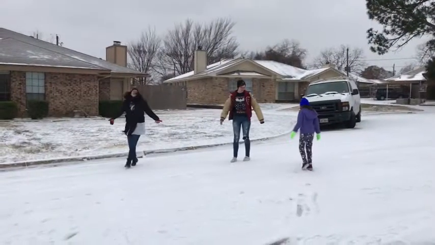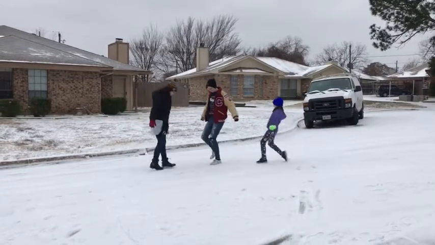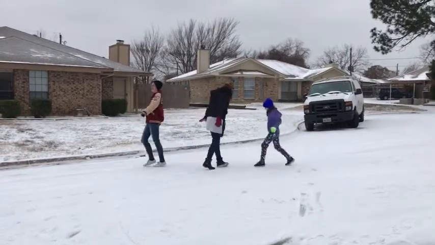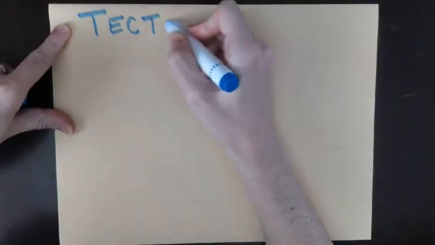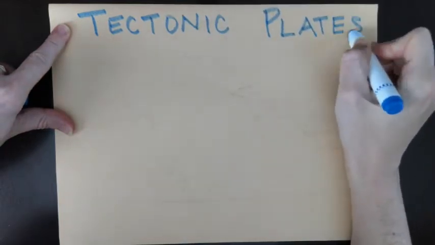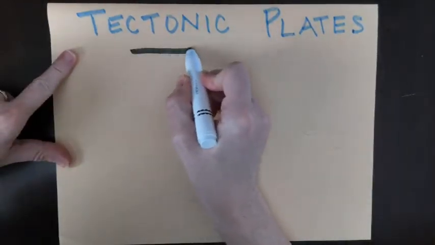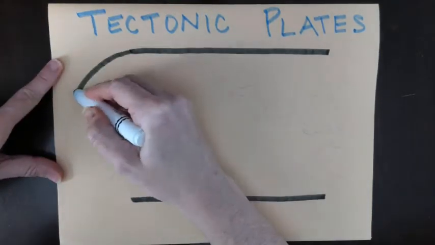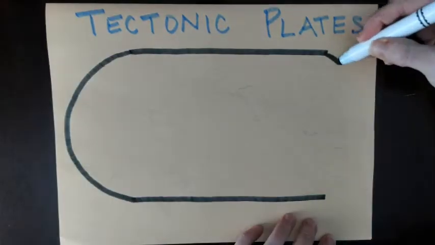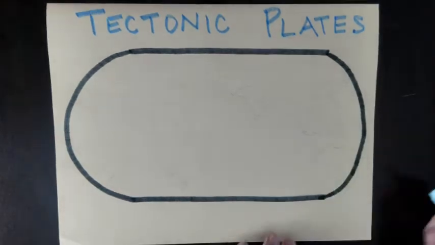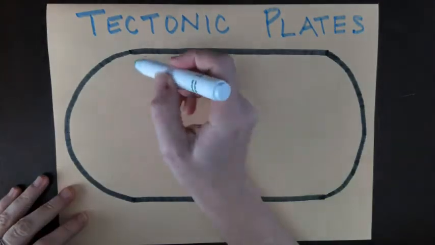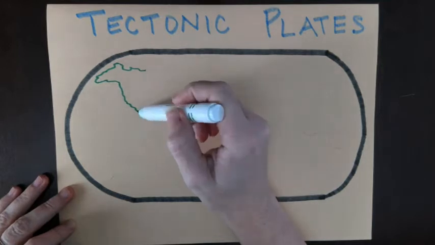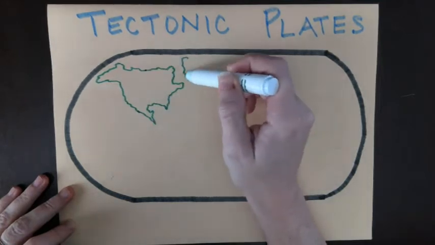I am wanting to talk to you guys about a new topic with your science class, and that is tectonic plates. Kind of a mouthful, but it's a super cool topic to really learn about when you're learning about Earth and Earth's crust and all of the surface on the outside of Earth, because it's constantly moving.